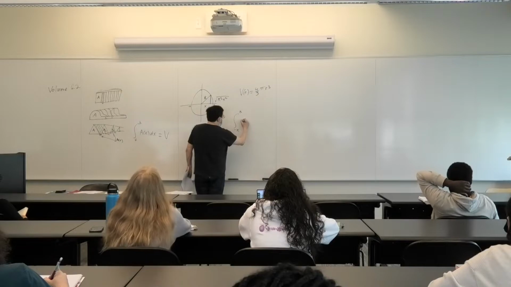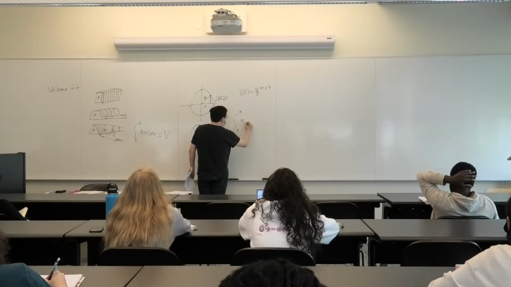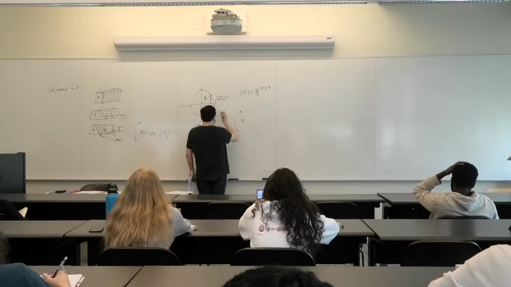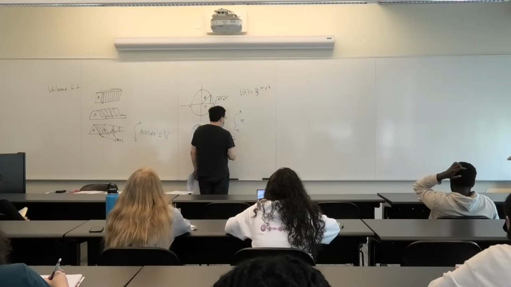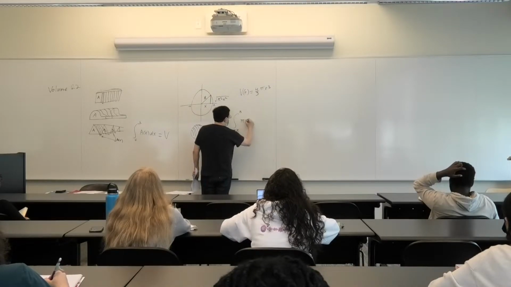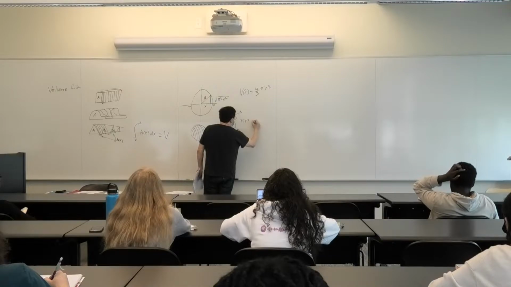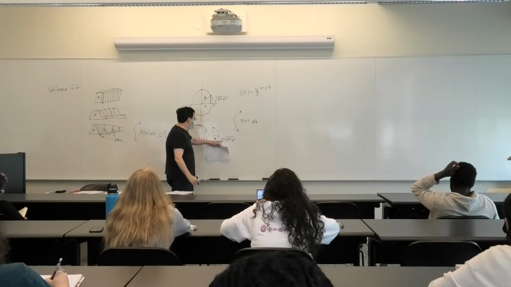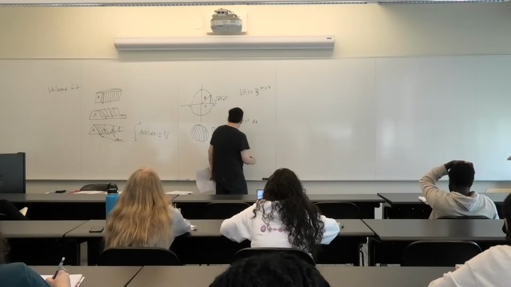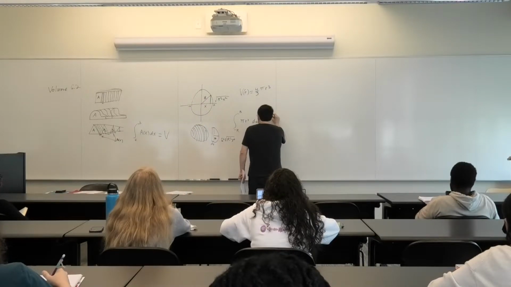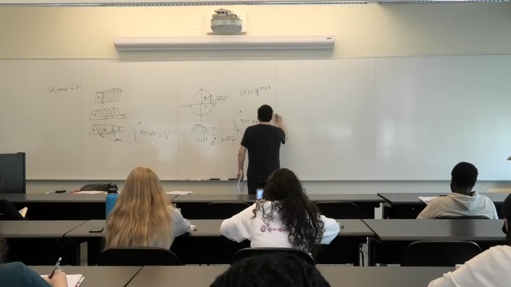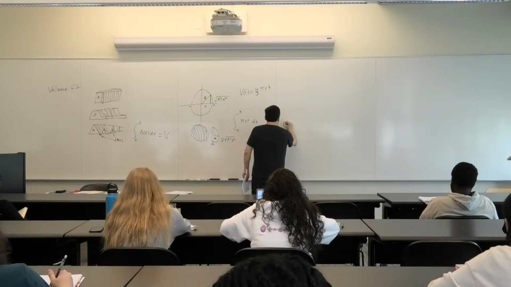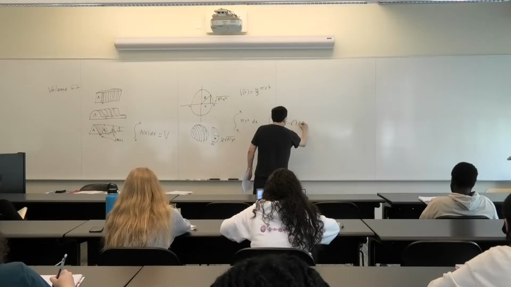And we know the area of this little thin disk is pi r squared. But r we know is the square root of R squared minus x squared. So it's going to be the integral from negative R to R of pi times (R squared minus x squared) dx.